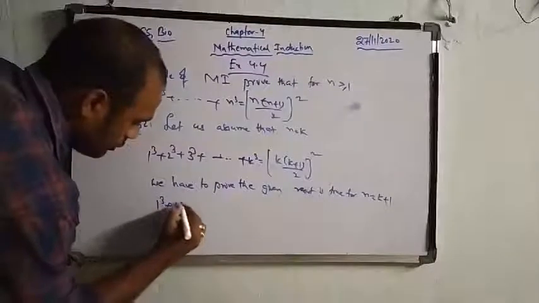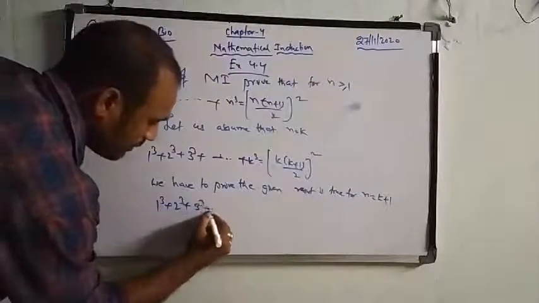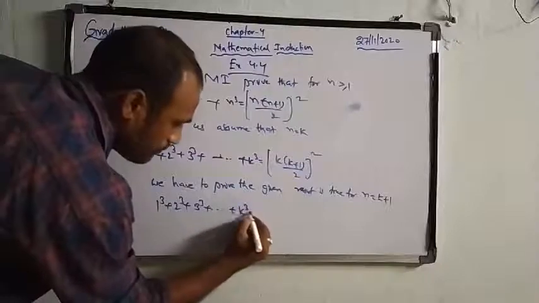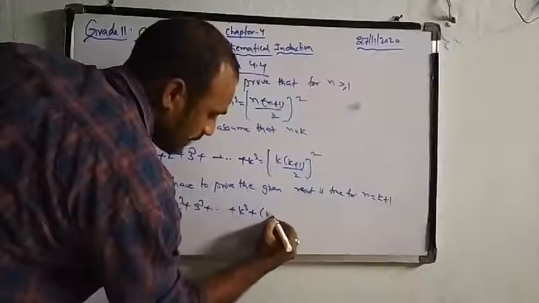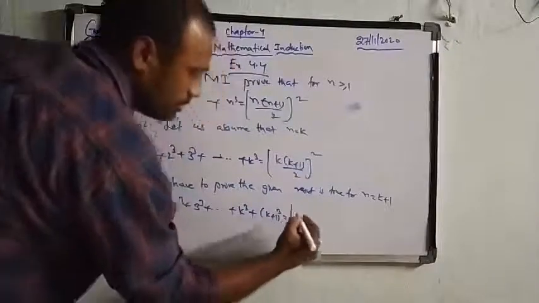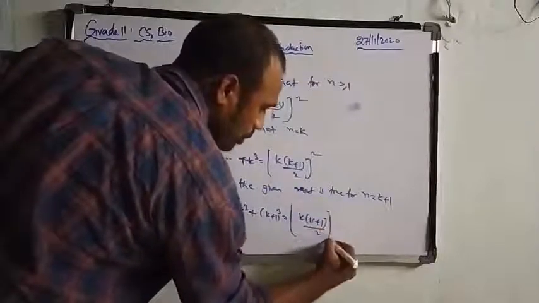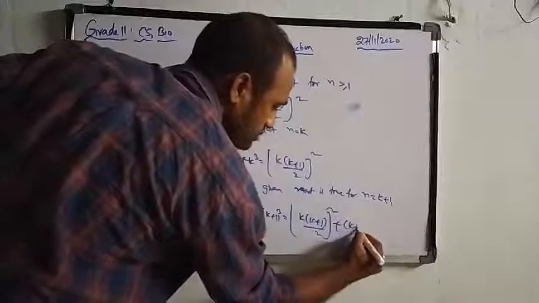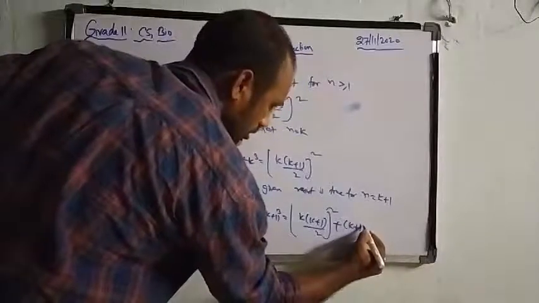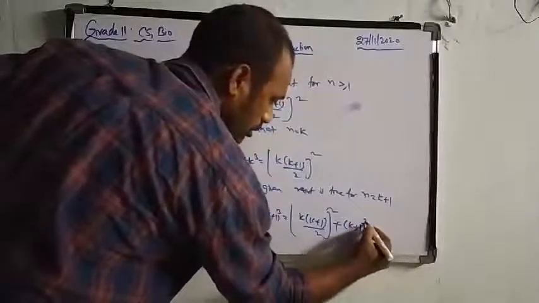So it will be 1 cube plus 2 cube plus 3 cube plus and so on plus k cube plus the next term is k plus 1 whole cube is equals to k into k plus 1 by 2 whole square plus k plus 1 whole cube.